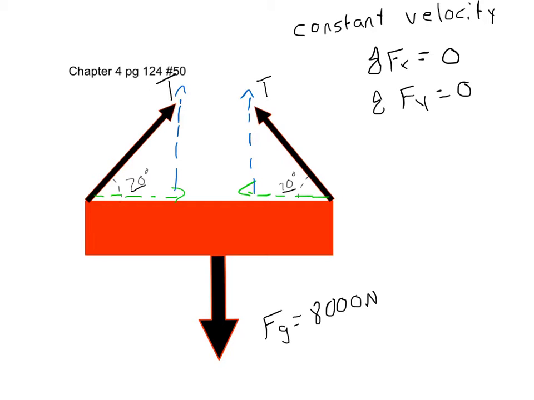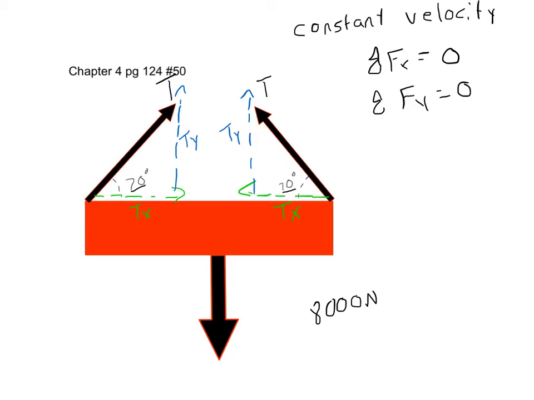So we'll call this Ty. Tension in the y, tension in the y, tension in the x, tension in the x. So these are going to represent the x and y components.